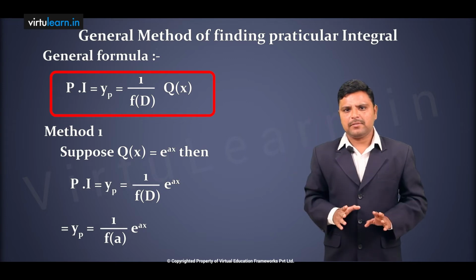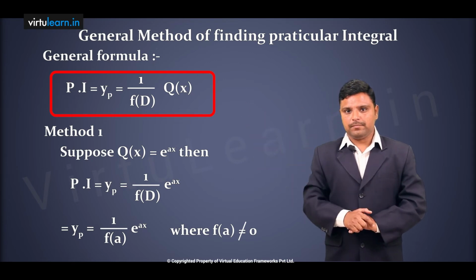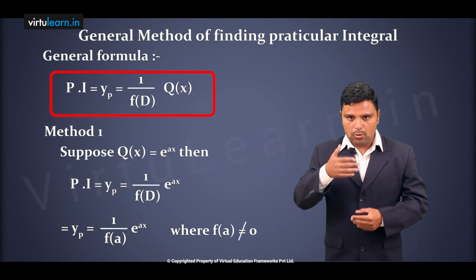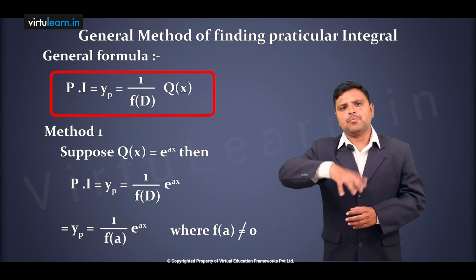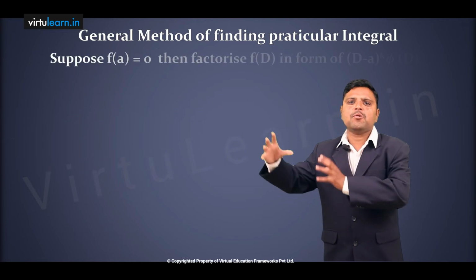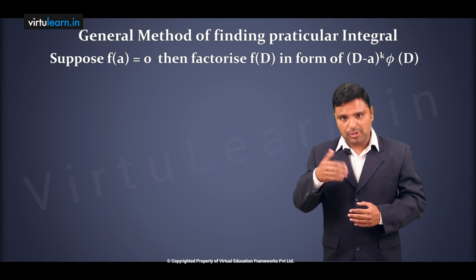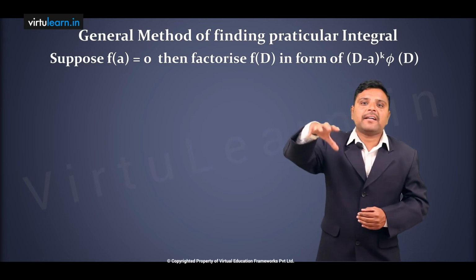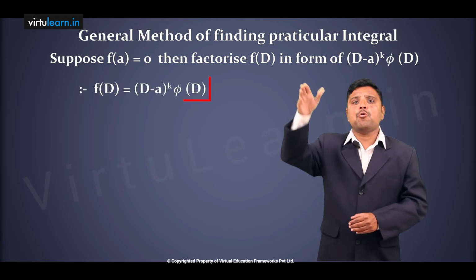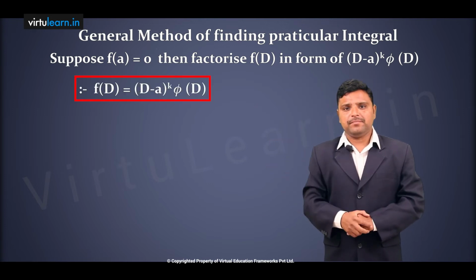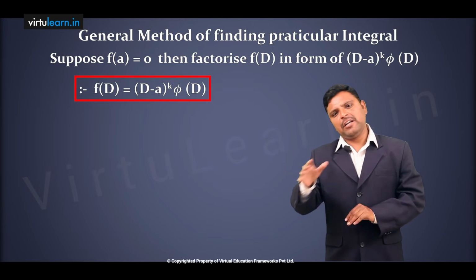This is the answer when the denominator part f of a is not equal to 0. Note 2: suppose while substituting like this, you got f of a equal to 0, the denominator part f of a equal to 0. Then what is the procedure? The procedure is to factorize f of D in the form of (D minus a) whole power k into phi of D. Definitely we will get it in this manner only.